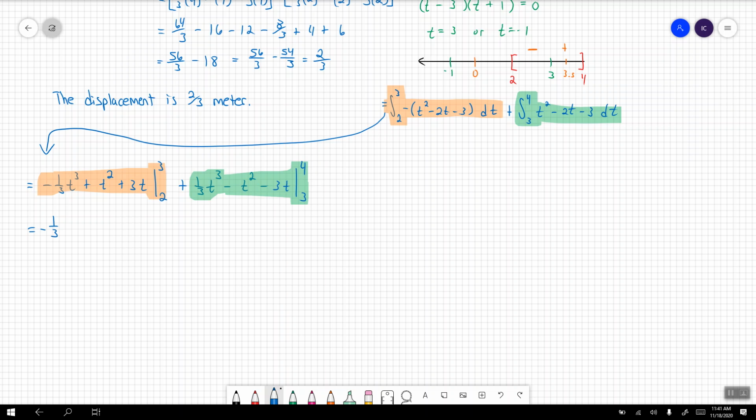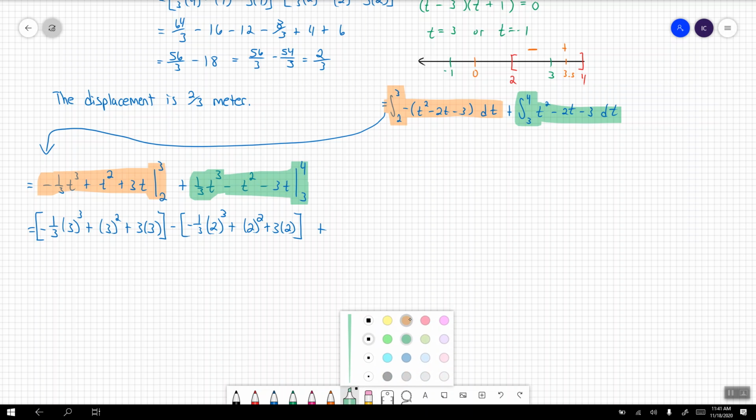Negative 1/3 times 3 cubed, plus 3 squared, plus 3 times 3, minus the function evaluated at 2. That's negative 1/3 times 2 cubed, plus 2 squared, plus 3 times 2.